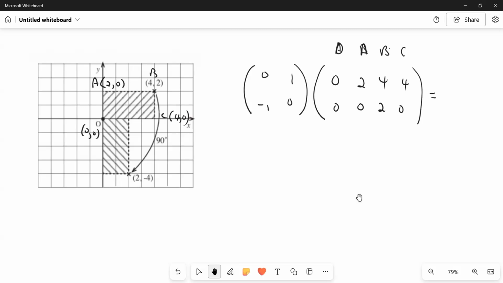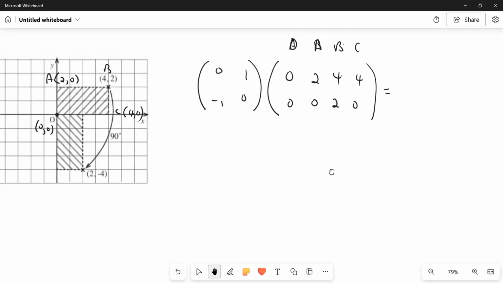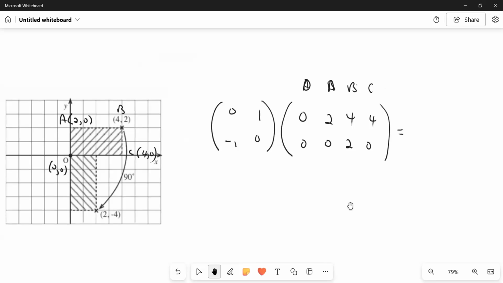I think we need some more space here now. So we're multiplying. So what you see happening here really? 0 by 0 plus 1 by 0, you get 0. Basically, it's like you're putting this on top. 0 by 2 is 0, 1 by 0 is 0, right? 0 by 4 is 0, 1 by 2, you get 2, and you get a 0 at the end, right? I kind of skip this step. How it happens?